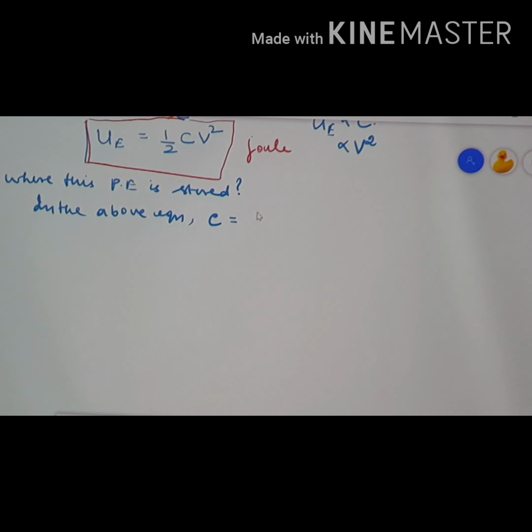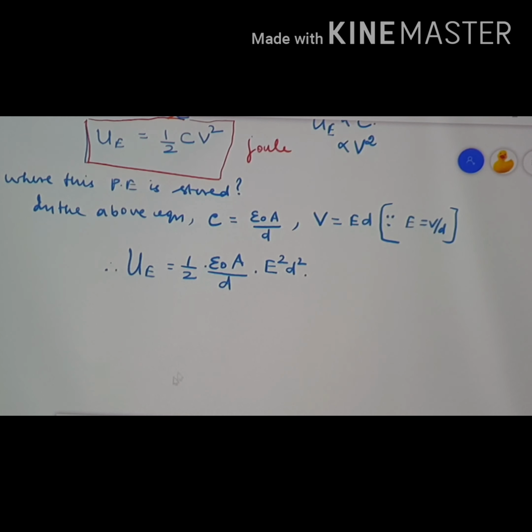We know that the capacitance of the parallel plate capacitor C is equal to epsilon 0 into A divided by D, and the potential V can be written as E into D, since the electrical field E is equal to V divided by D. So in the above equation, you replace the value of C and the value of V. Therefore, the energy U is equal to half into, instead of C, epsilon 0 into A divided by D into V square, which is written as E square into D square.